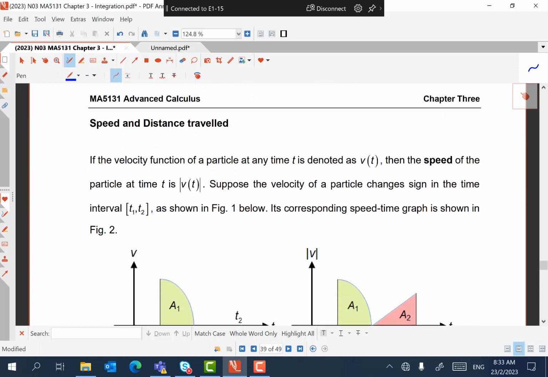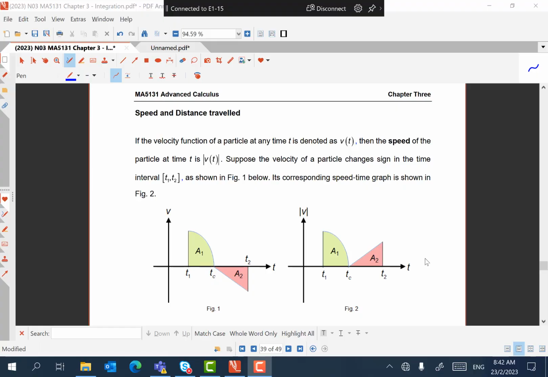So here shows you some diagrams. Moving on, we are shown a diagram. One is a VT graph and one is an absolute V against T graph.